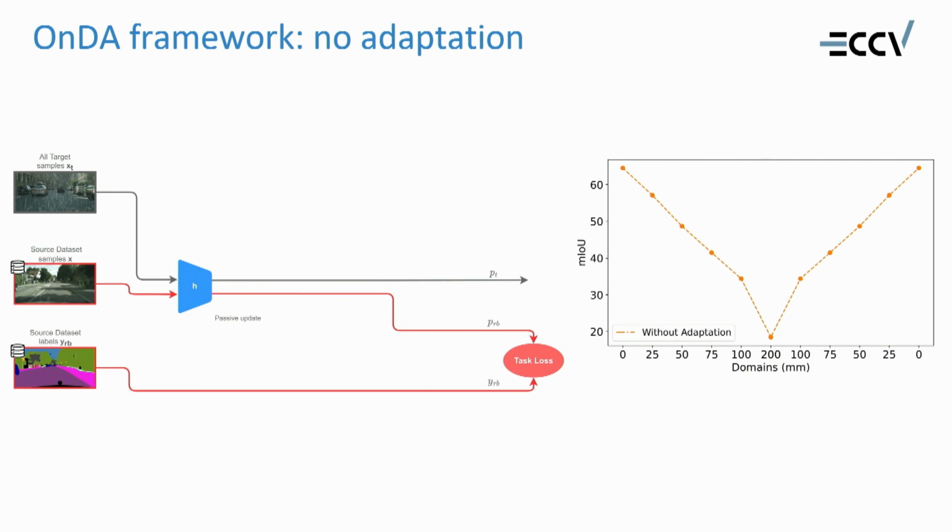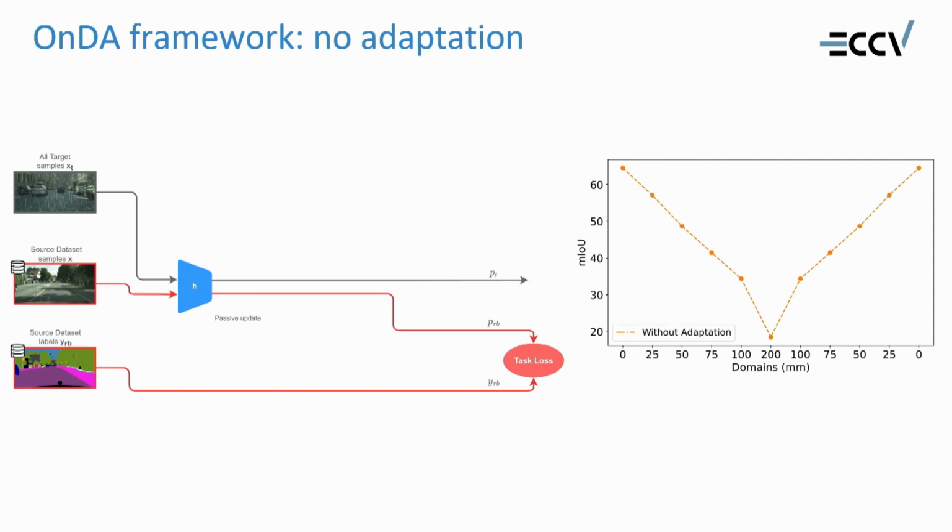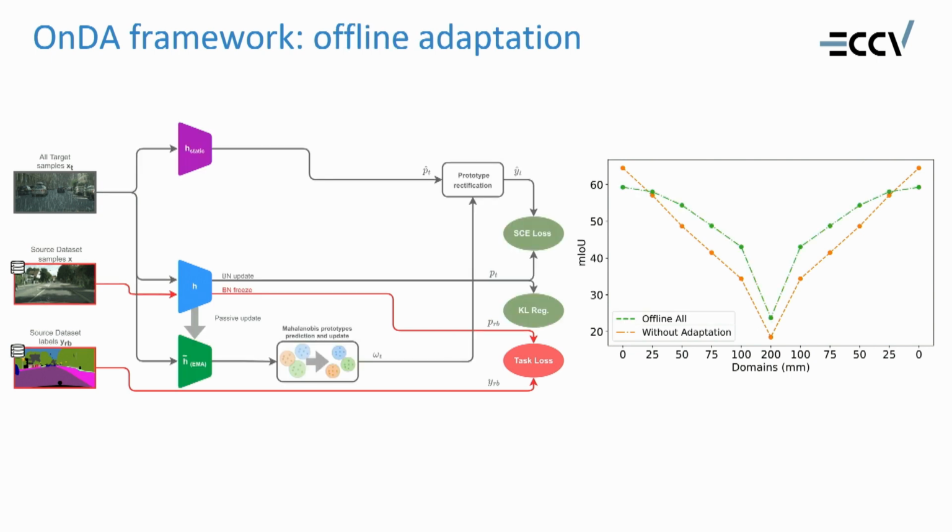So let's start by putting some baselines first. Here we have just a segmentation model trained on source, our training set, and then we tested on target. Here we can see how the performance goes basically linearly down as we increase the millimeters of rain.